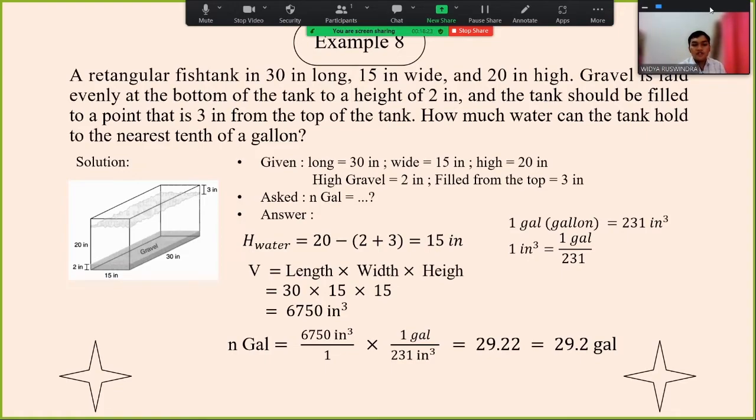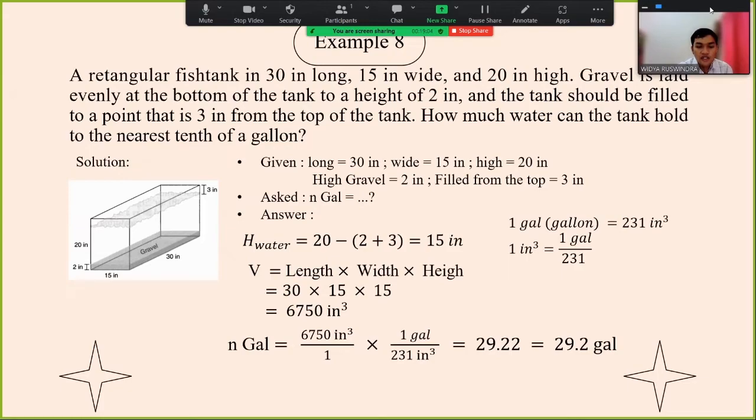Okay, next we must calculate the volume with the height of water. Volume is length times width times height equals 30 times 15 times 15, which is 6,750 cubic inches. And we know 1 gallon equals 231 cubic inches, and 1 cubic inch equals 1 gallon per 231.